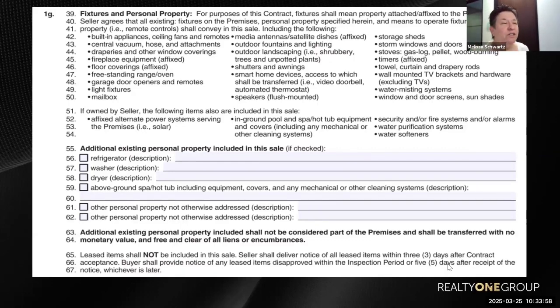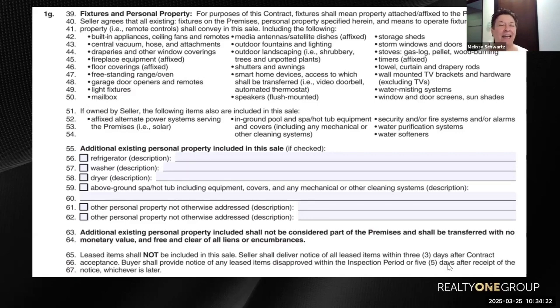Model number, serial number, model number is ideal. The manufacturer, a description like on a refrigerator that it's a stainless steel French doors, right? The 2 that open up, or a side-by-side with water and ice on the front. Does anybody know why this is in our purchase contract? Because they got switched out.